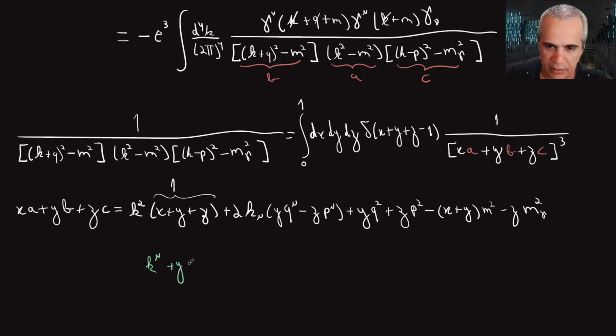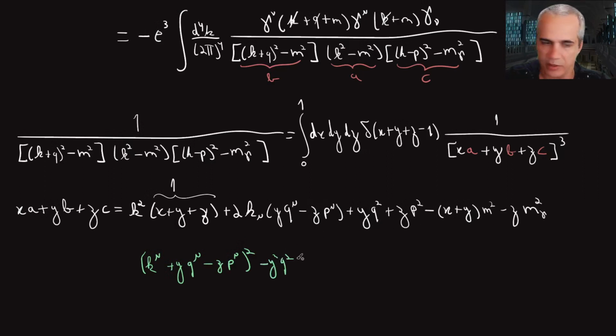Now I can see that if I take a term which is k mu plus y q mu minus z p mu, and take the square of this, I'll get this k squared term, I'll get this term here, and I'll get this one too. But I'll get more stuff which I need to subtract. So this I have to subtract because I'll get an extra y squared q squared here and it's not present here.